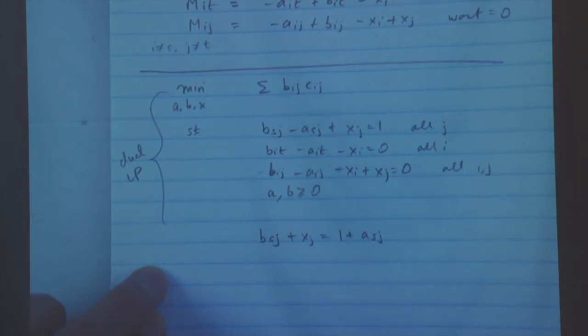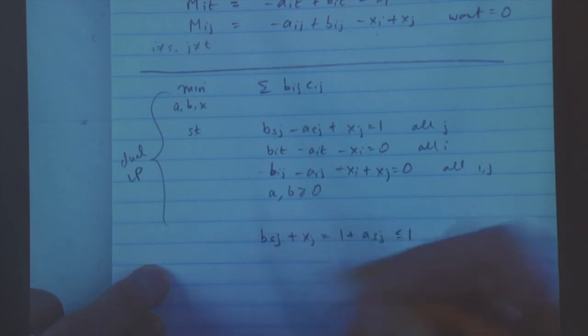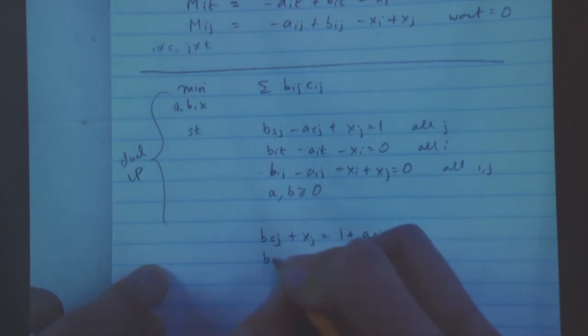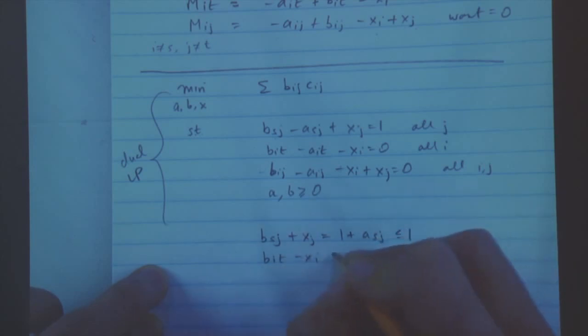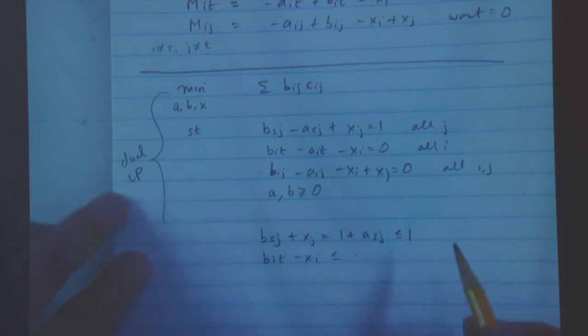And since asj is non-negative, this has to be just less than or equal to 1. And I can do the same thing everywhere, right? Bit minus xi is less than or equal to... wait, do I have the signs the right way? Oh.